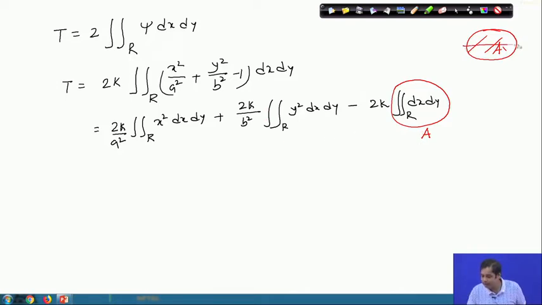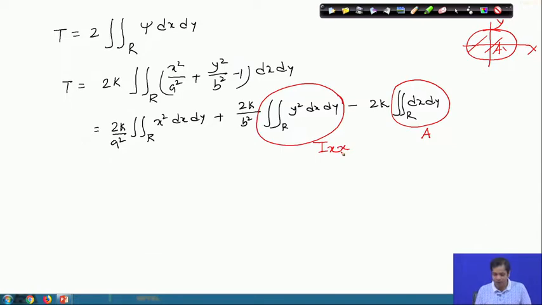If this is the x axis and this is the y axis, then this term is essentially the second moment of area about the x axis, Ixx. And this term is essentially the second moment of area about the y axis, so this is Iyy.